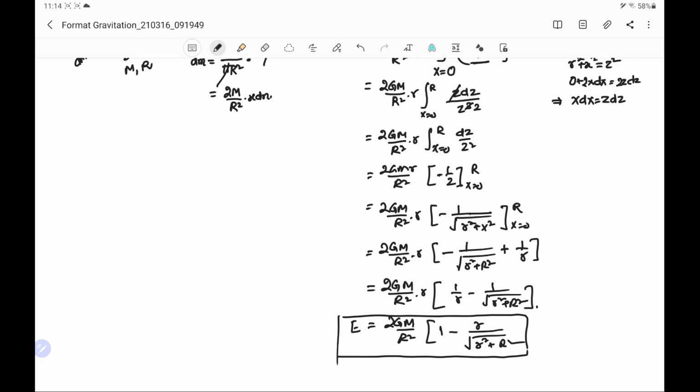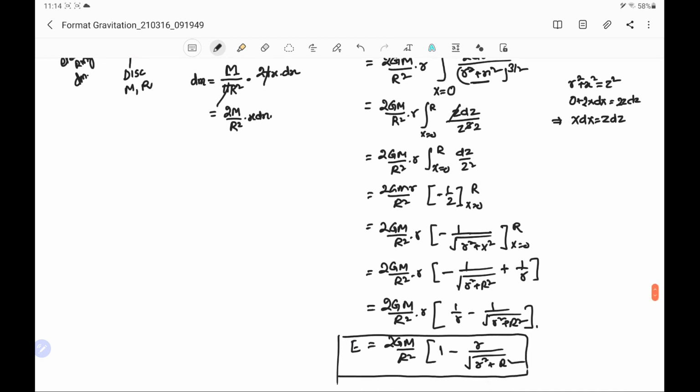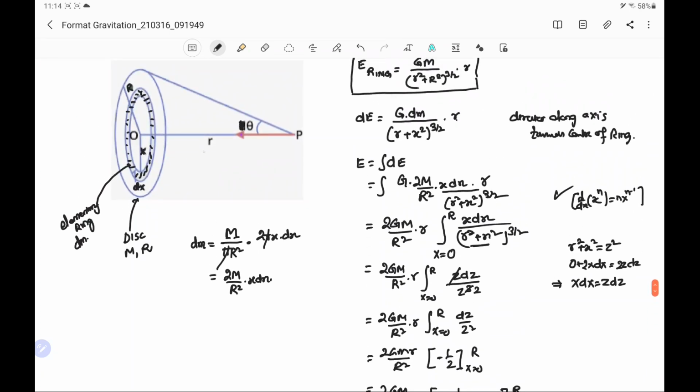Also we can check r by root of r square plus R square. This is the r, and this length is root of r square plus R square, because this is the 90 degree angle. The radius always makes a 90-degree angle with the axis. So this is r, this is root of r square plus capital R square, and this angle is theta.